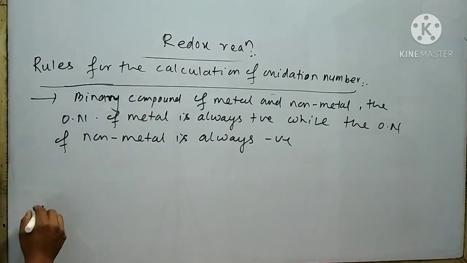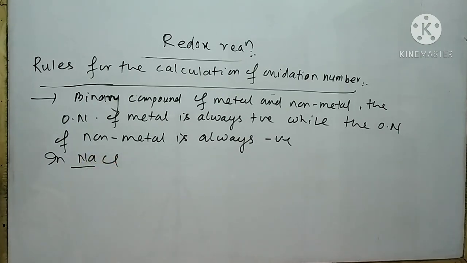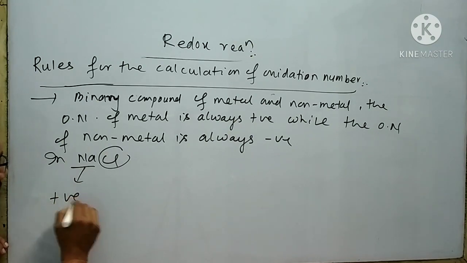Take an example, in NaCl, sodium is a metal and chlorine is a non-metal, so the oxidation number of sodium must be positive.